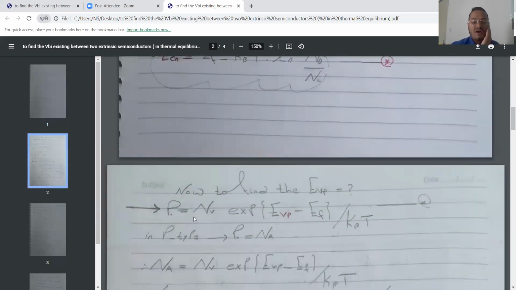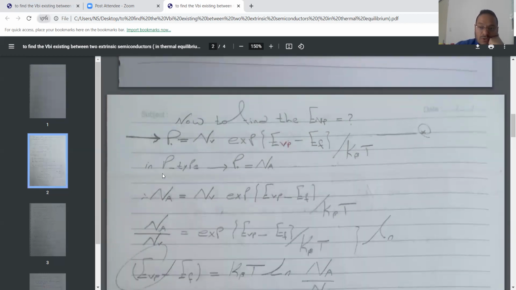We will start from this equation: hole concentration equals the effective density of the valence band times the exponential of, holes' valence energy band minus Fermi level divided by Boltzmann constant times temperature. As we know, when we say P-type, that means p naught, the concentration of holes, equals the concentration of acceptors.